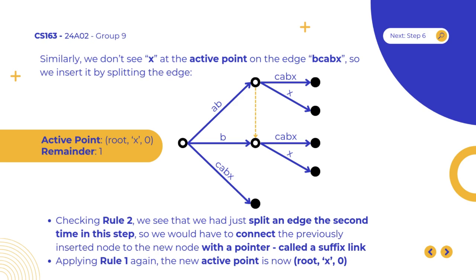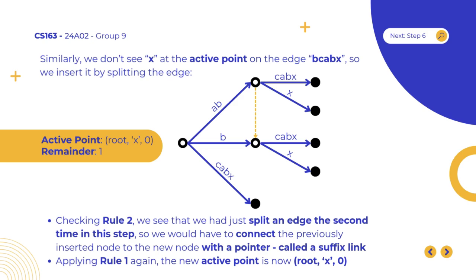So checking rule 2, we need to connect the previously inserted node to the new node with a pointer, which is a suffix link. In the diagram, it is the dashed yellow arrow.